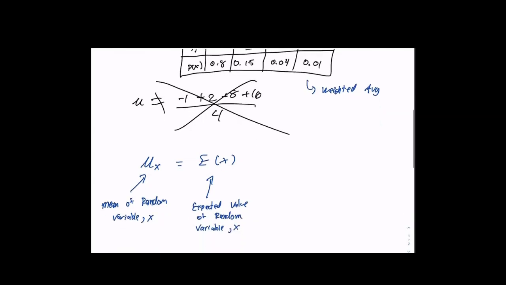All right, so those are just the same things, but usually we'll just see E of x is equal to the sum of x sub i times p of x sub i.